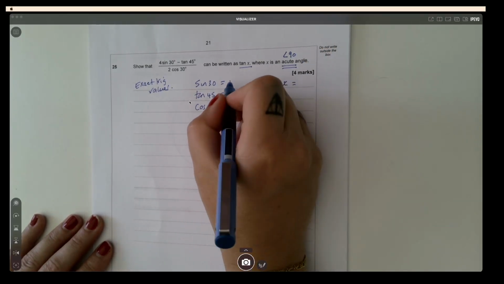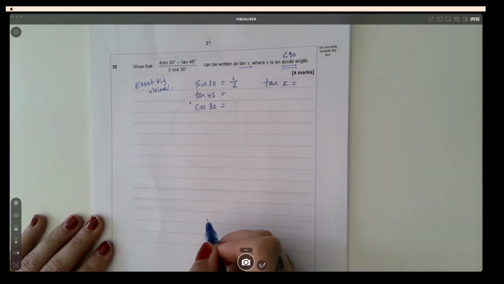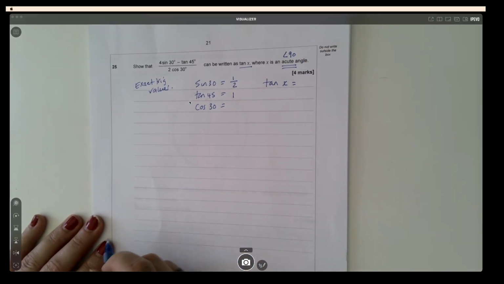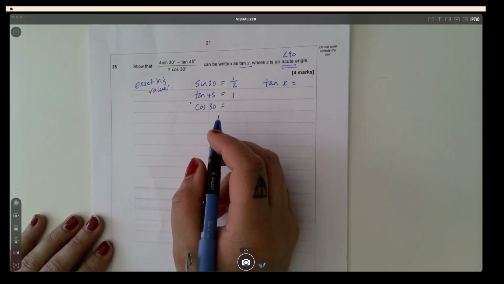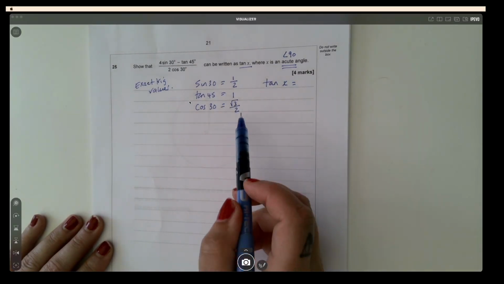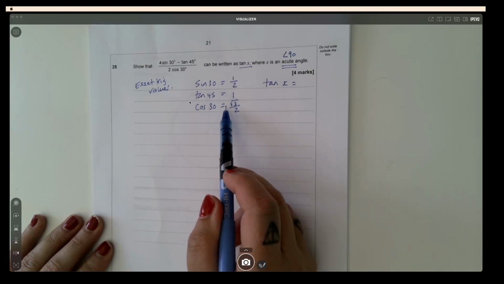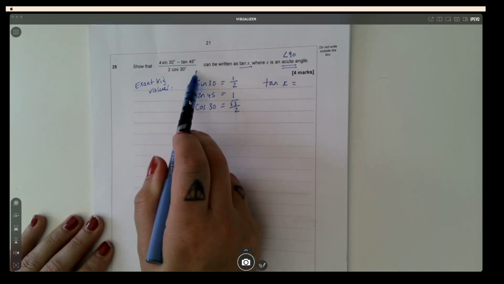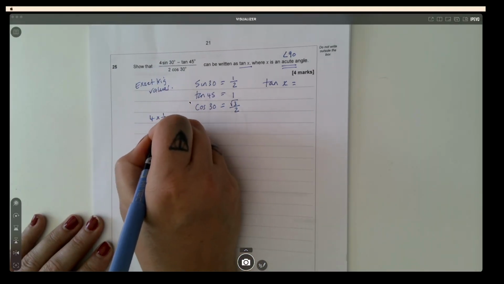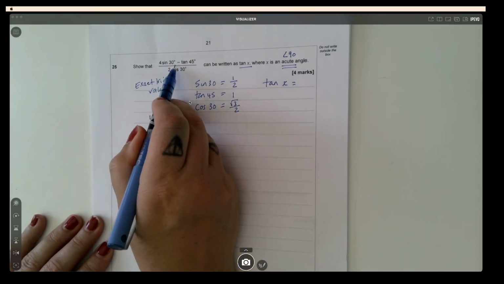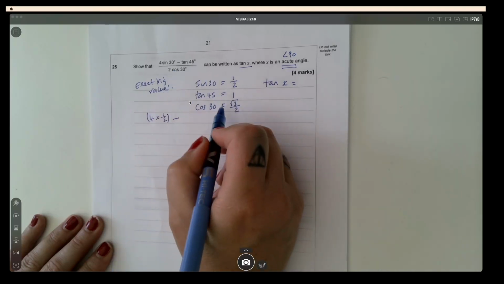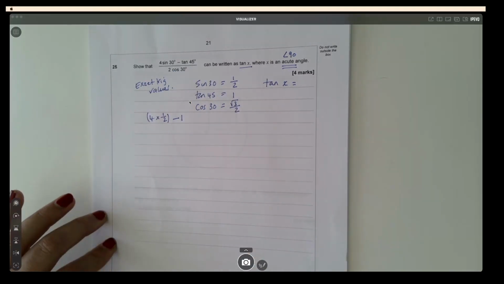So that's worthwhile bearing in mind. So exact trig value of sin 30 is 1/2. The exact trig value of tan 45 is 1. And the exact trig value of cos 30 is √3/2. So now we're going to substitute these values into this calculation. So we've got on top 4 times 1/2, that's 4 times sin 30, subtract tan 45, which is 1.